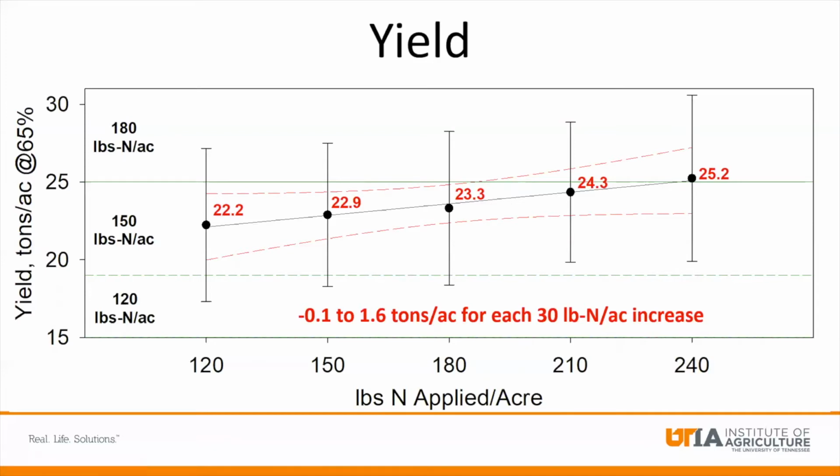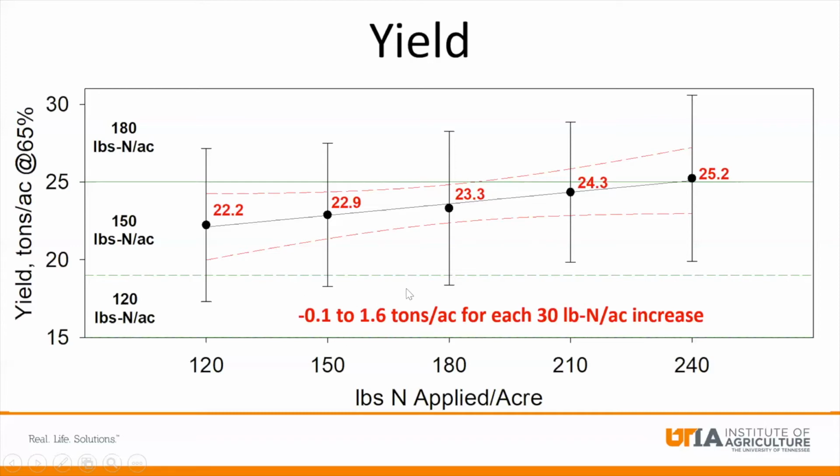Obviously, if the slope of the line can be 0, it's an indication that there's no response in terms of yield, or not a significant response based on the data that we've collected, as the nitrogen application rate increases. So the slope, once we've done the statistical analysis, did in fact include 0. The range was -0.1 to 1.6 tons per acre. That's for each 30-pound increase in the nitrogen application rate.